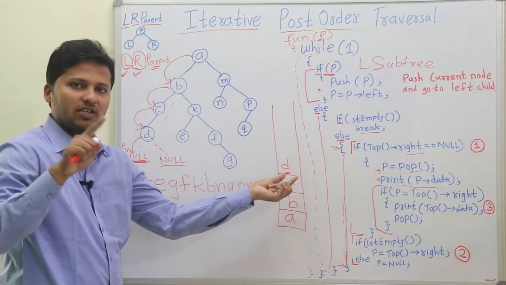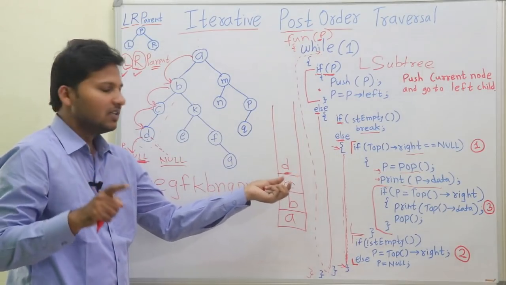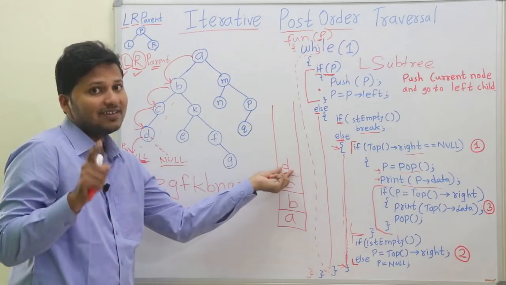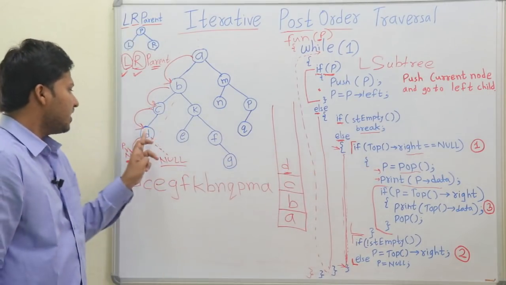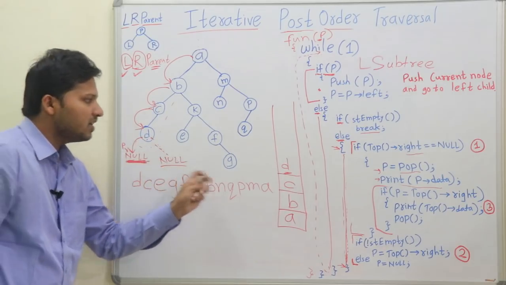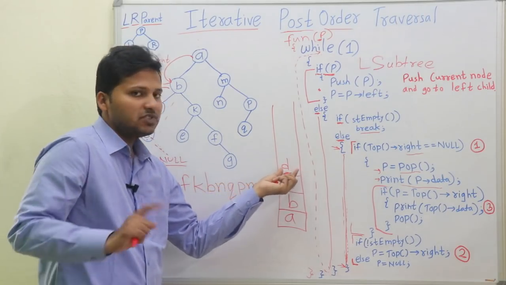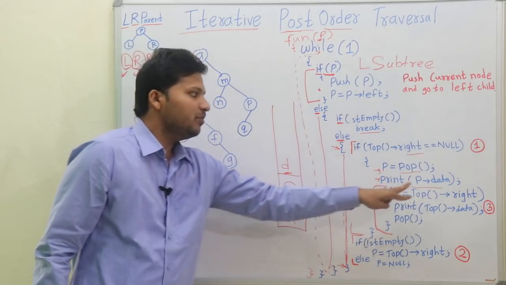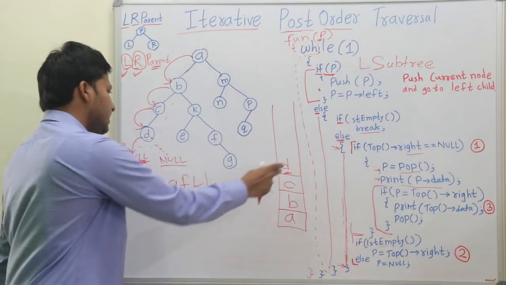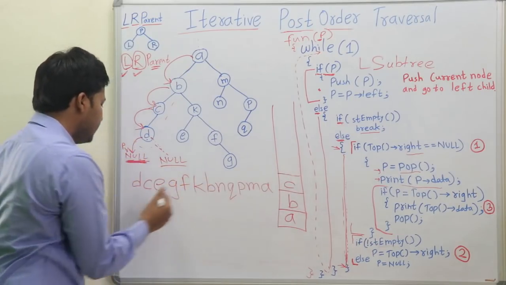Automatically the construction of the stack happens in a way such that the top of the stack contains the parent, right? So for that parent we check the left subtree, then the right subtree, and as both are null, we pop that parent and we print that parent. So let's pop D and print D.